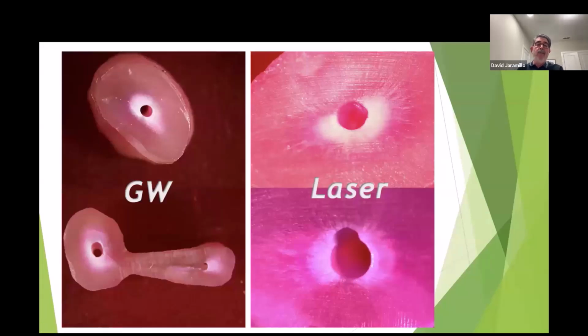This is how the phenomenon of multisonication, or the acoustic streaming produced by laser, goes and penetrates into the dentinal tubule. So they both do a good job.